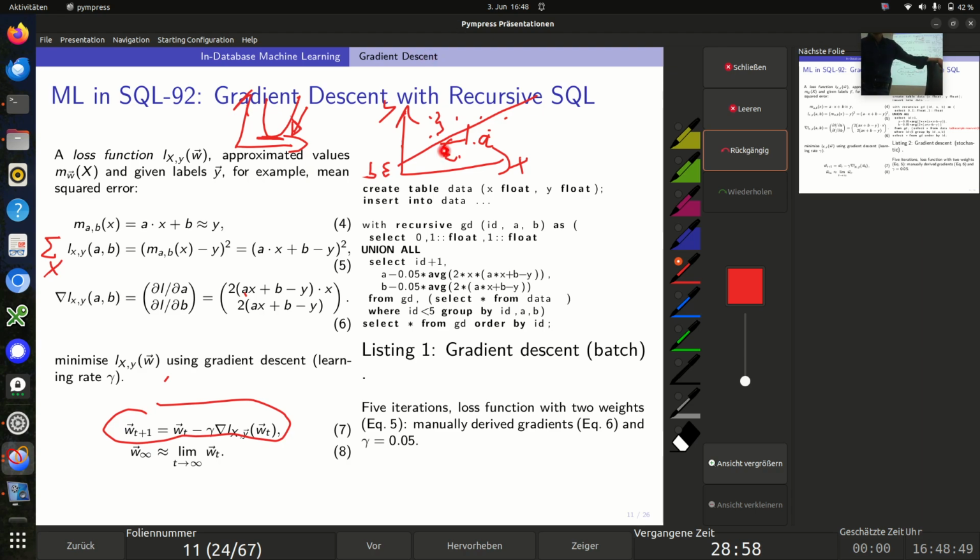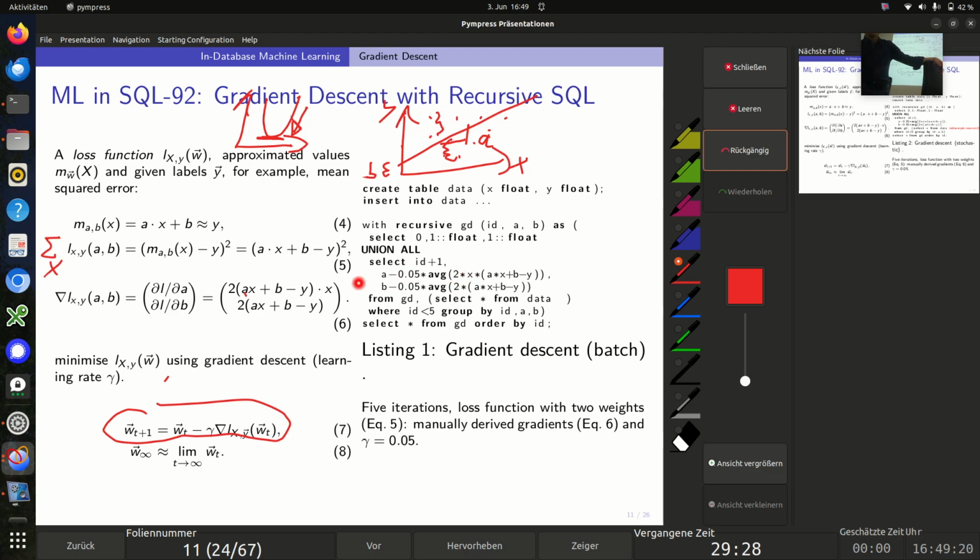And the idea is, okay, I have my data points, x and y, and then I have my recursive function. In the first step, in iteration 0, I start with an arbitrary weight. So for A I take 1, and for B, for the offset, I also take 1. And then for every iteration, I update the weights, A and B, by subtracting the derivative.